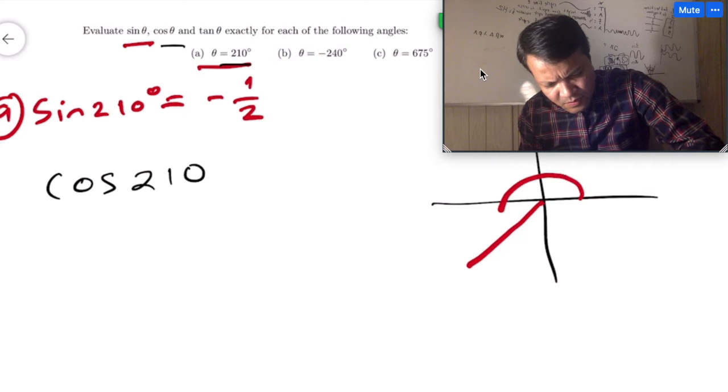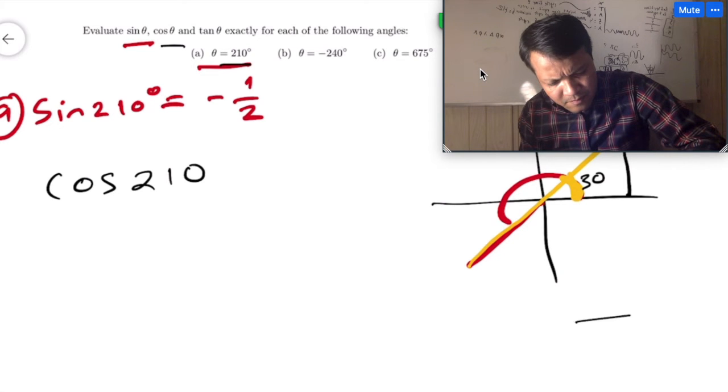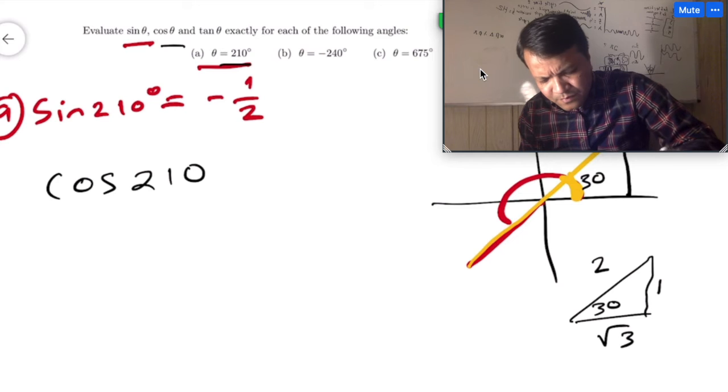So this must be cosine 30. If this is 30, then this is 1, this is root 3, and this is 2.